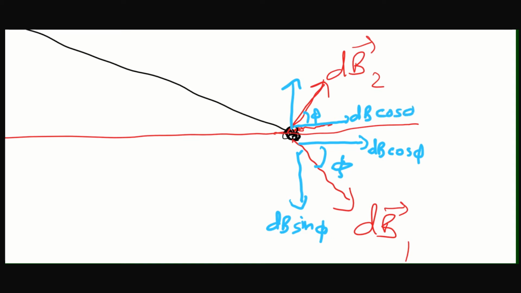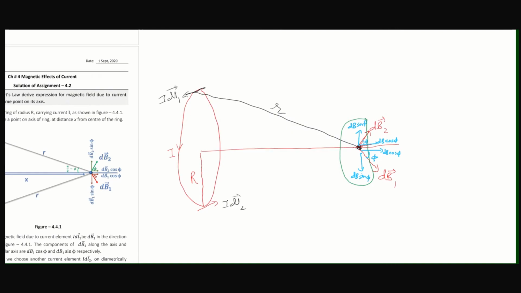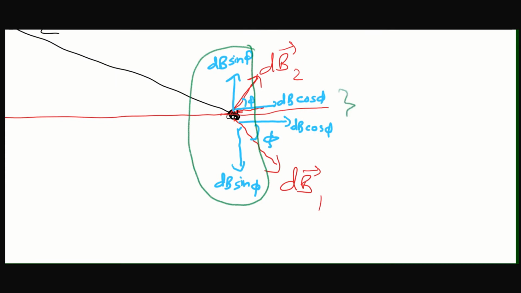So dB cos phi and dB sin phi, if I consider, what is happening here? These two are mutually equal and opposite. And what is happening with the component parallel to the axis? These two are in the same direction, so I'll have to add the two.